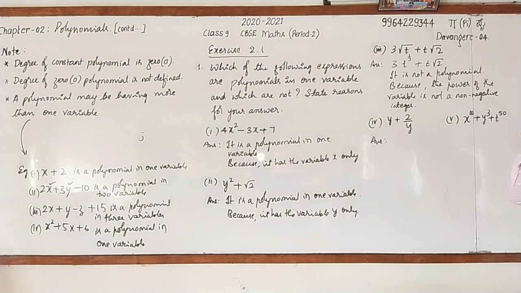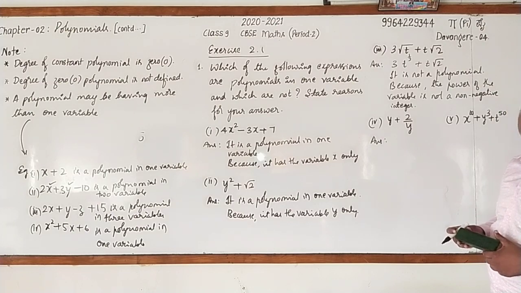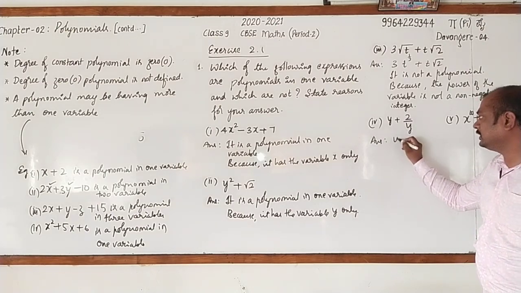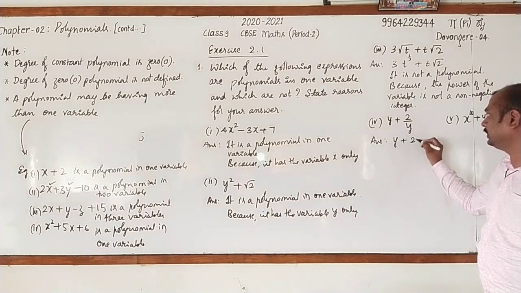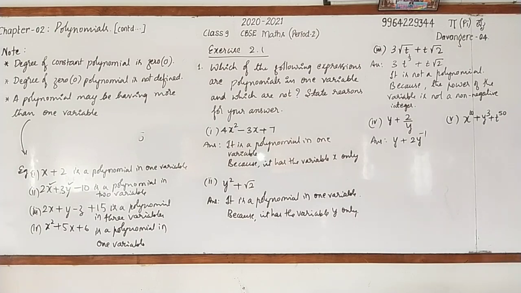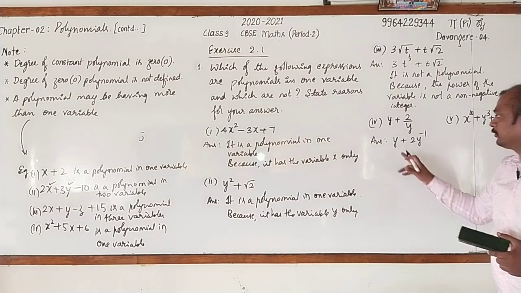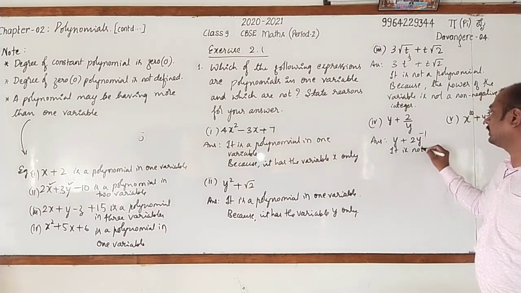y plus 2 by y. There is one variable, but first identify, is it a polynomial in one variable? Firstly, it is not a polynomial at all. The reason is y plus 2 by y can be rewritten as y plus 2 into y raised to the power minus 1. So the power is not a non-negative integer. Therefore, it is not a polynomial. Here I write: it is not a polynomial.